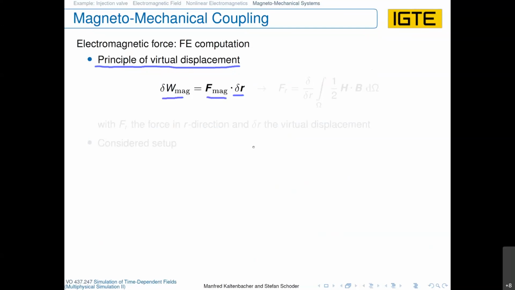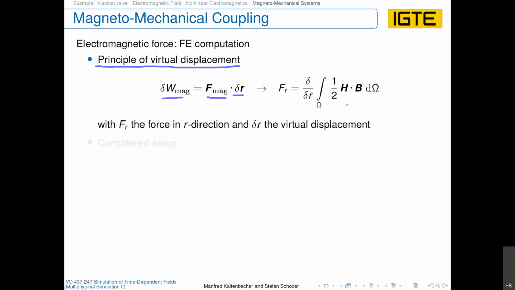We assume a linear relation between H and B, which we actually will have, because that is the energy we compute in the air region. We have to do this virtual derivative of this energy with respect to the r coordinate, and then we get the r component of the magnetic force.